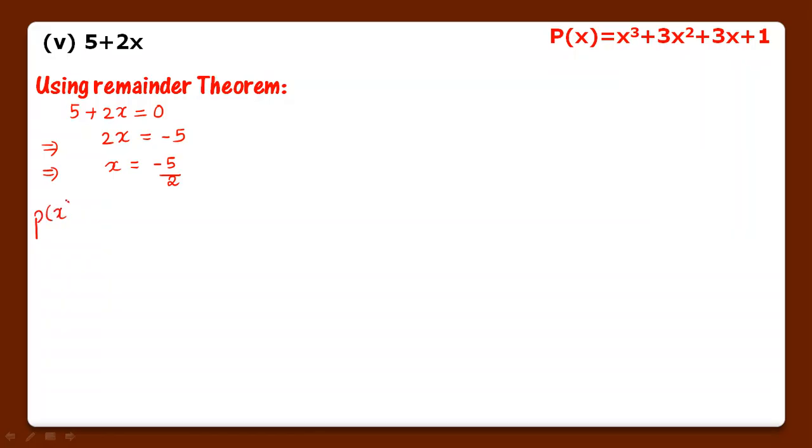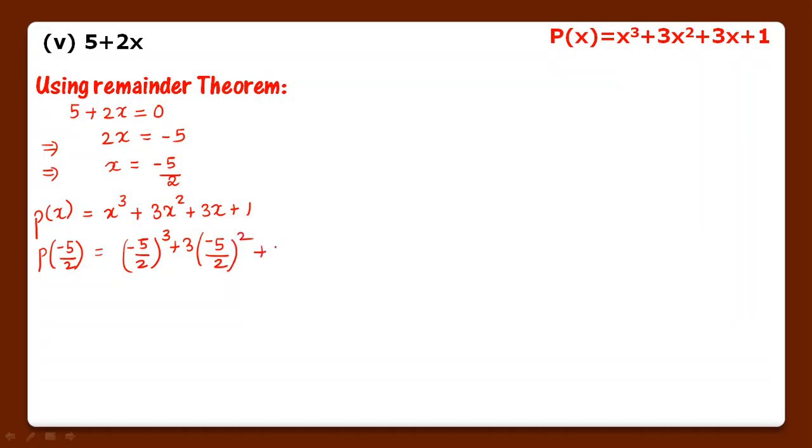We are given px is equals to x cube plus 3x square plus 3x plus 1. We'll replace x by minus 5 upon 2: minus 5 upon 2 whole cube plus 3 into minus 5 upon 2 square plus 3 into minus 5 upon 2 plus 1.